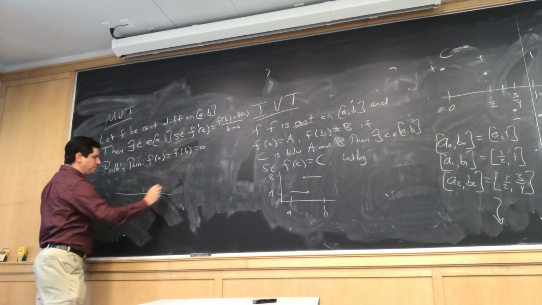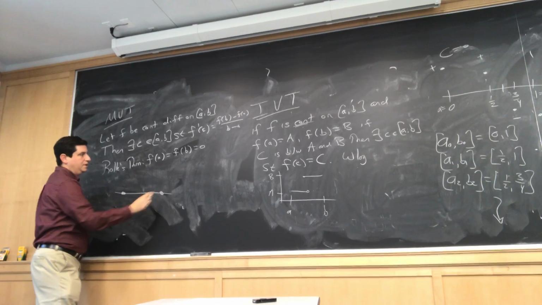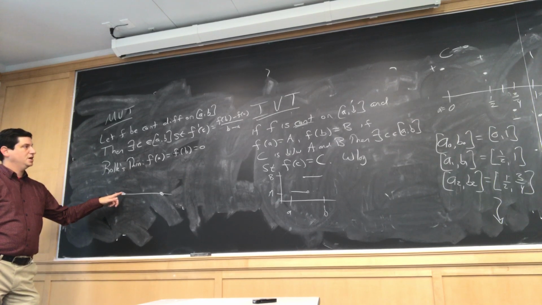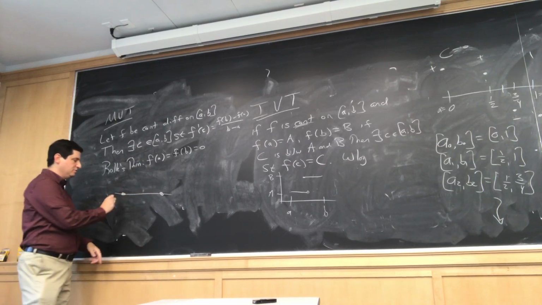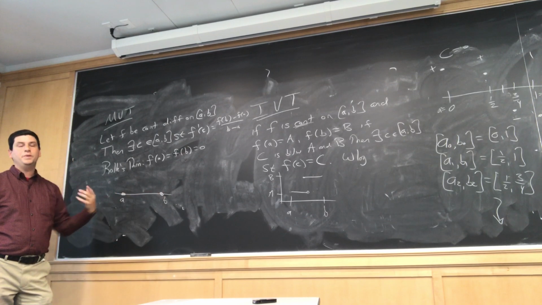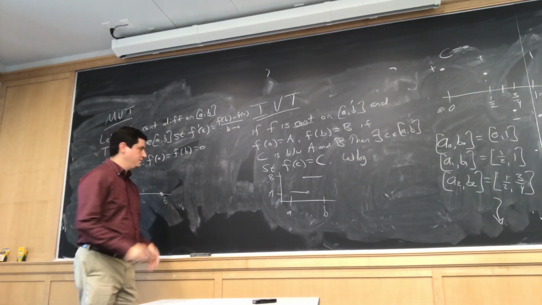So it's going to look something like this. f of a is 0, f of b is 0. If f prime of a is 0, is it hard to find a choice of c? If f prime of b is 0, it's also not hard to find a choice of c. So we might as well assume that the derivatives are not 0 at the endpoints.